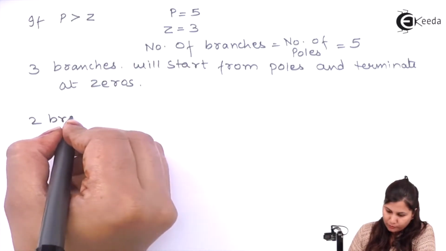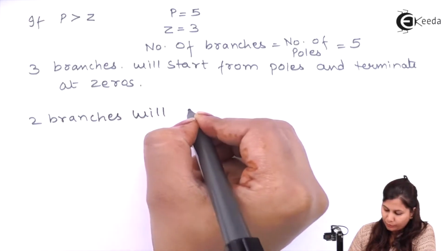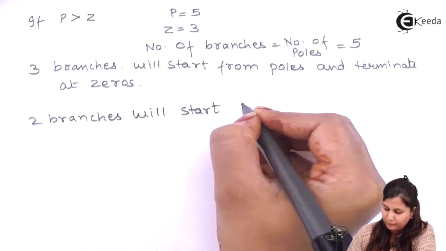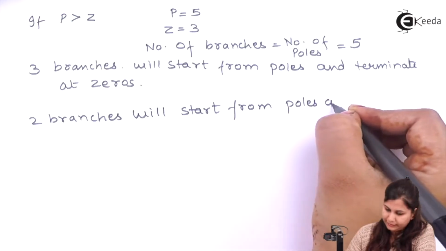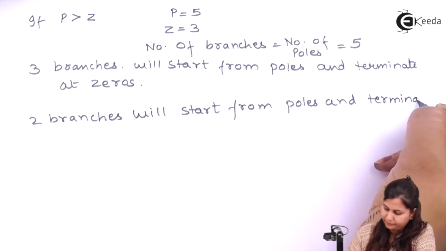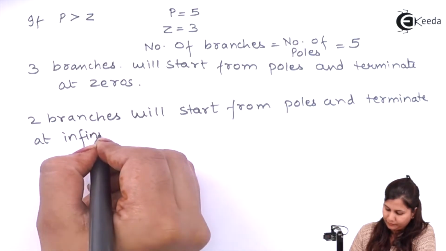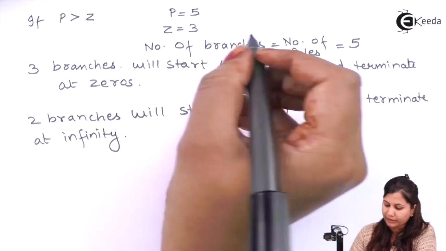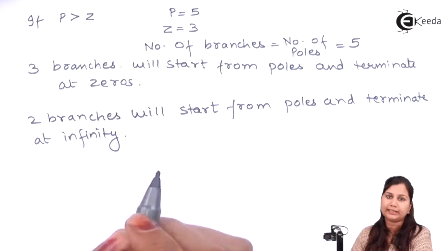These 2 branches are going to start from the poles and terminate at infinity, because we are having only 3 zeros, so the remaining 2 branches will terminate at infinity.